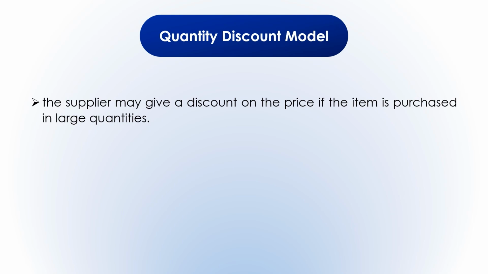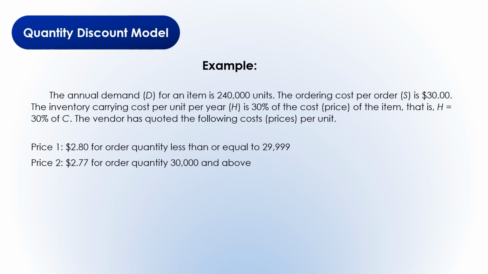We have here an example. So, given the annual demand D for an item is 240,000 units, the ordering cost per order, or the S, is equal to $30. The inventory carrying cost per unit per year, or the H, is equal to 30% of the cost price of the item. That is, H is equal to 30% of C. The vendor has quoted the following cost prices per unit.